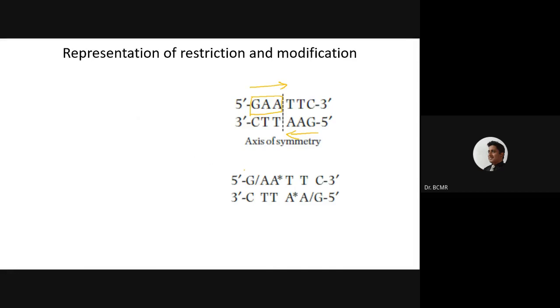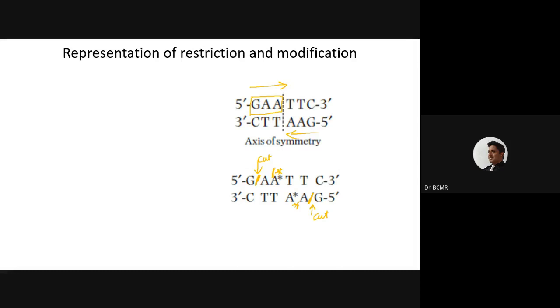There is another additional factor that is shown. There's a slash indicated here, and there is an asterisk here. Slash indicates the site of the phosphate backbone cut. Where would the cut be made? A cut would be made in these places. And the asterisk is the place where modification is usually done.